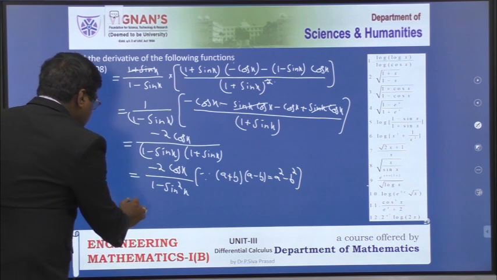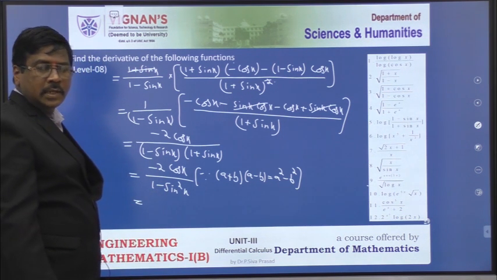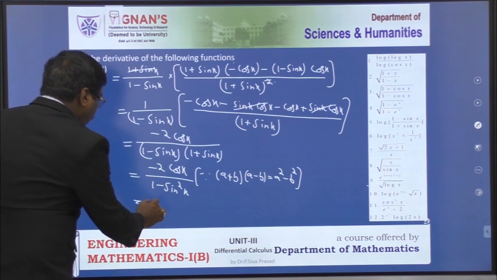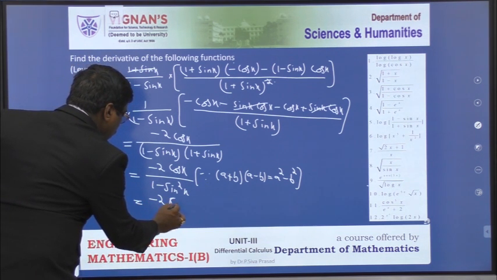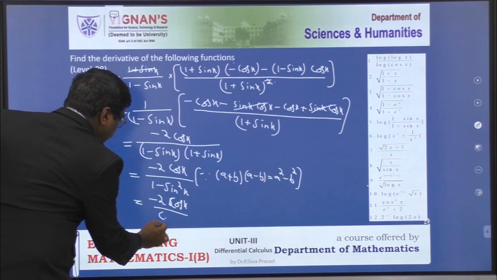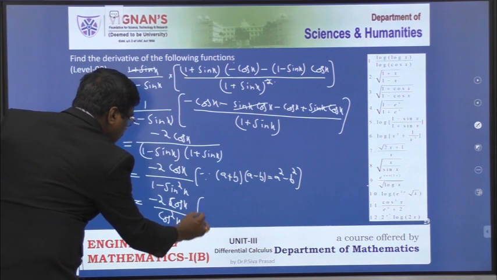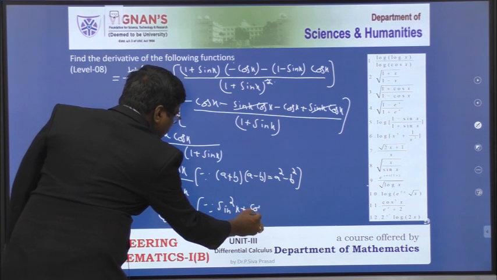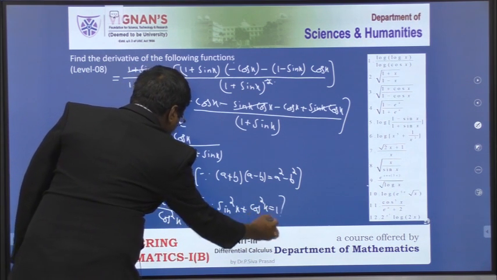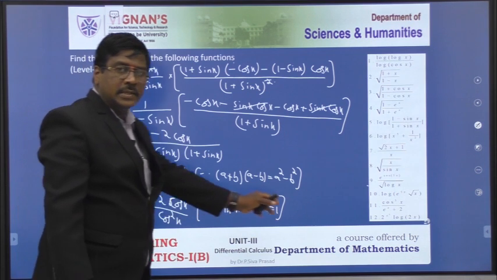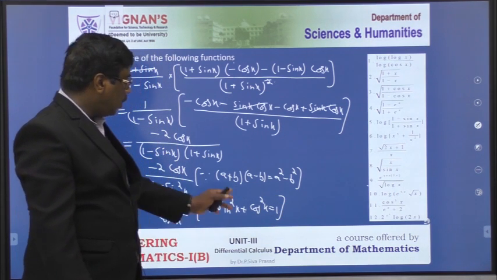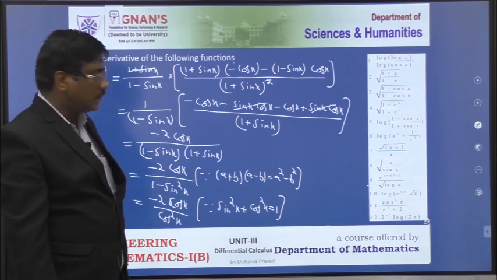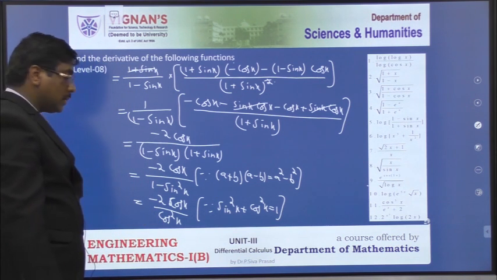Therefore, 1 minus sin square x means cos square x. Therefore, minus 2 into cos x by cos square x. Why do we write this? Because we have to learn the trigonometric identity sin square x plus cos square x equal to 1. Bringing sin square x to the right hand side, automatically in that place we write cos square x.